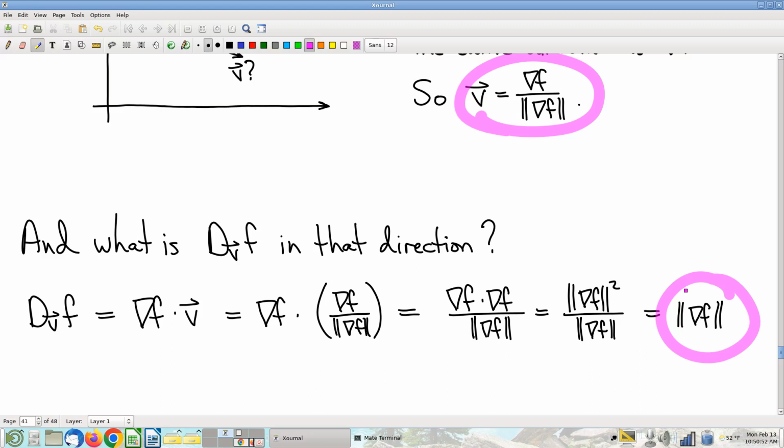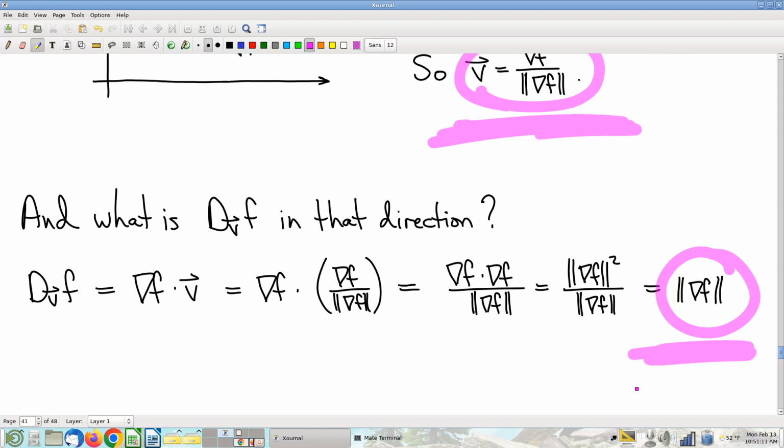How we doing? Is everybody on board? All right. Now, I like to phrase this in a different way. If you notice, the answer to the first question, what's the direction of fastest increase, is the direction of the gradient vector. The answer to the second question is the magnitude of the gradient vector.